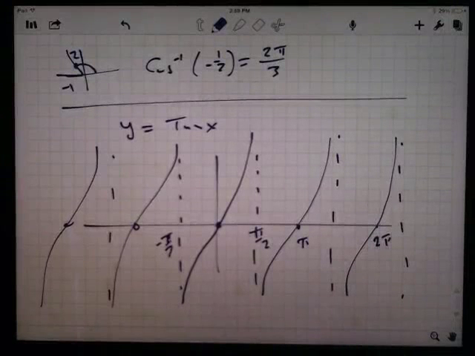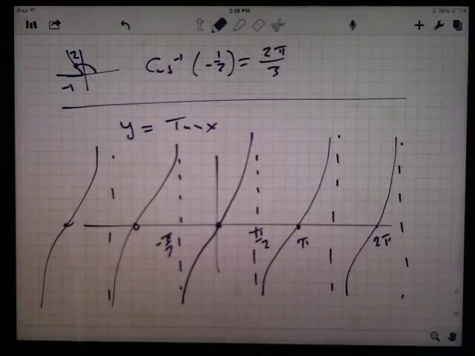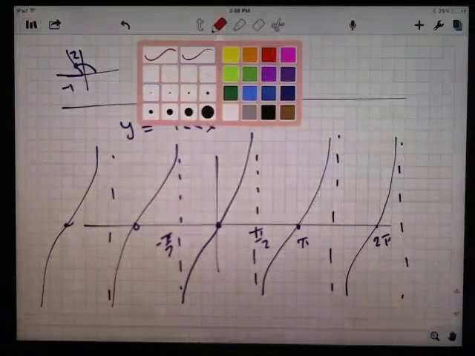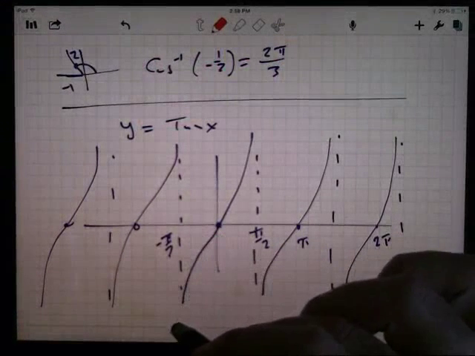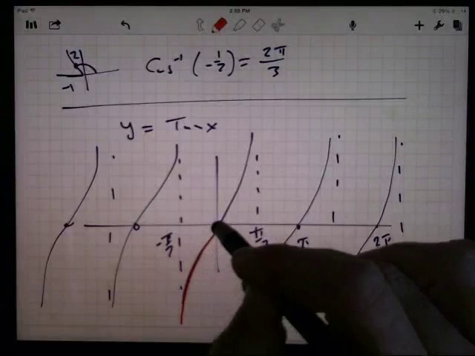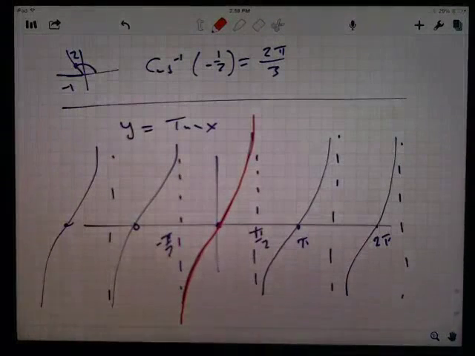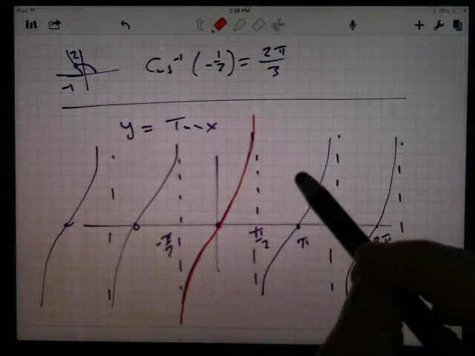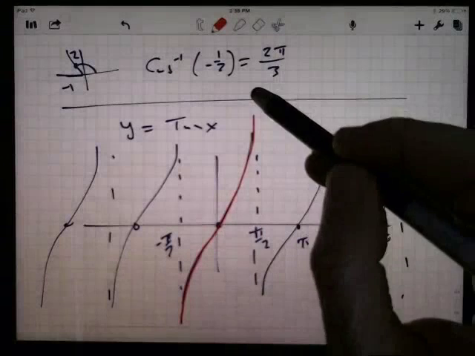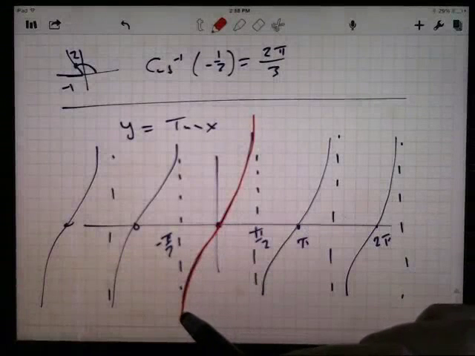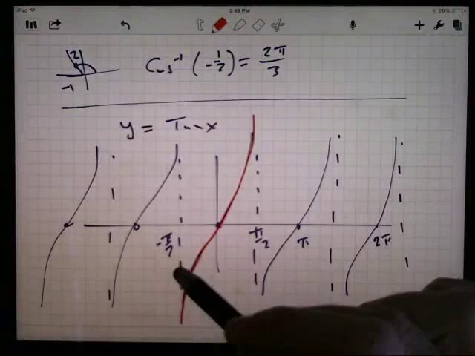Okay. Definitely not invertible. It does not pass the horizontal line test. So I've got to put some blinders on. And what I do is I say, let's just look at the small angles. Let's pick just this piece of the tangent curve, just that right there, because that covers the whole output of the tangent all the way from minus infinity to plus infinity, and it does it only once. Each y value is only attained once.